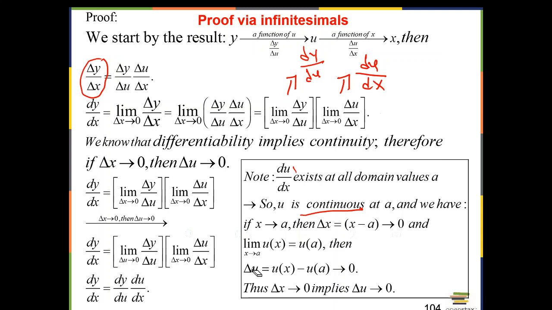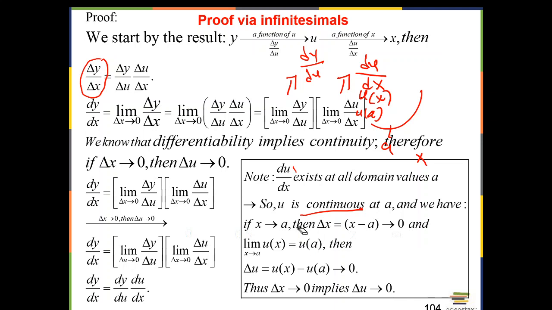Now, delta u is u of x minus u of a, right? If you have a function, this is a and this is x, then this would be u of a, and that would be u of x there, the y-coordinate of that. So u of x minus u of a is going to be 0. Why? Because we know the limit of u of x when x approaches a is u of a.